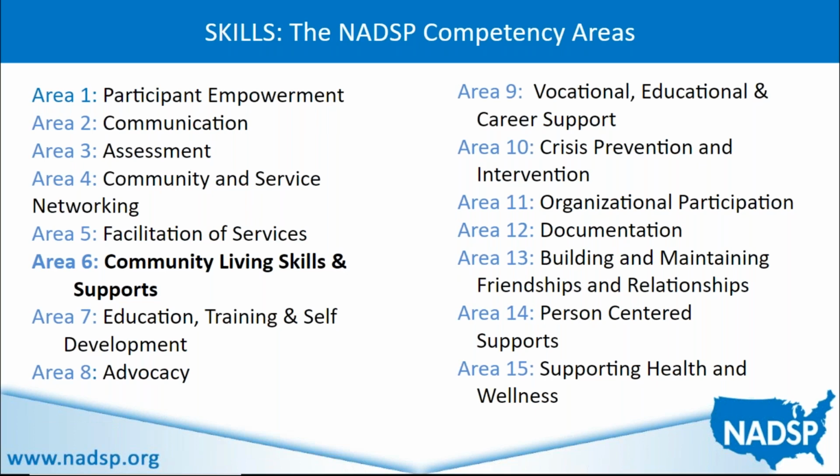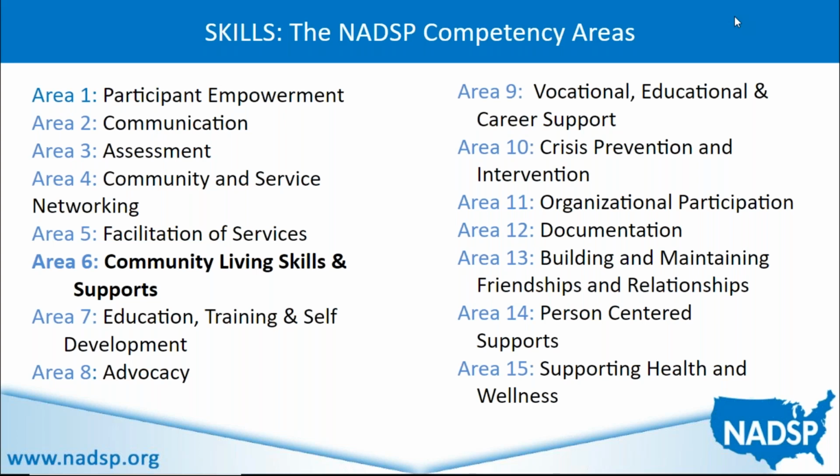Sometimes when we teach about these, people get confused about community and service networking, and community living skills and supports. They're very different, and we're going to get into why, to get rid of some of that confusion.